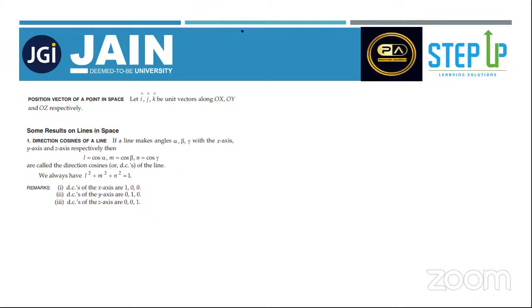When we solve 3D, we will go through mostly the vector things. So what is a position vector? It is I vector, J vector, and K vector. So what is 3D? It is in 3 dimensions. This is Y, this is X, and this is Z.